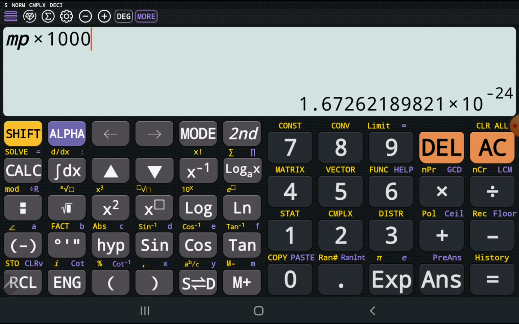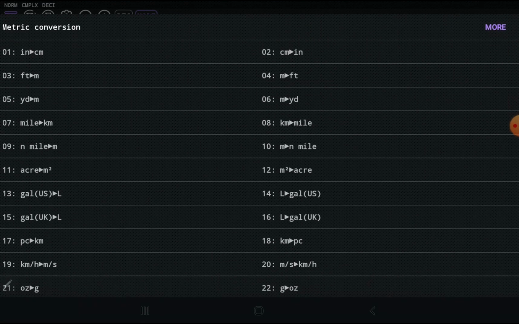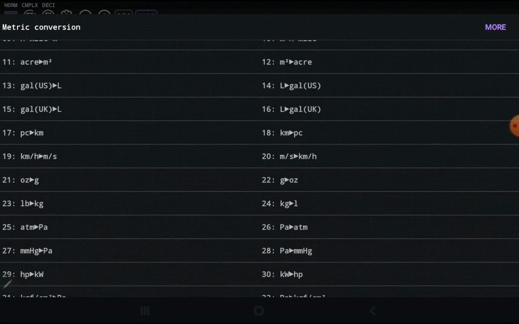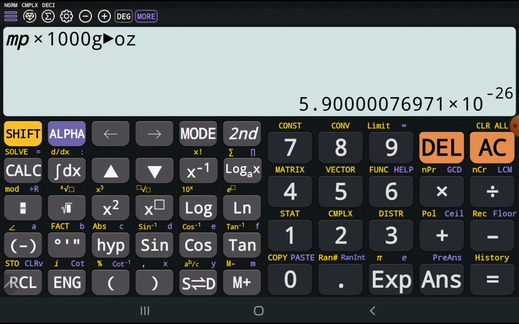So, shift 8 conversion ulit. May conversion of unit ka. So, kunin mo yun. Ounce to gram, pounds to kilogram. So, meron tayong gram to ounce. Tama? Yan. 5.9 times 10 raised to negative 26 yung sagot niya.